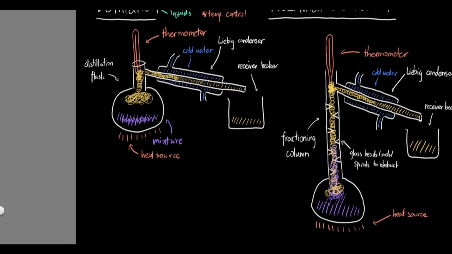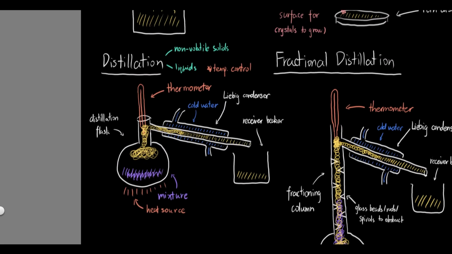All right, so you would heat it. If it is a volatile solid, if you heat it, because it's volatile, it would probably evaporate, and then you wouldn't be able to separate the mixture of the solids and liquids. So the way this works is that you have two different substances mixed together, and when it reaches the boiling point of this liquid, it would turn to gas, and then it would pass through what we call a Liebig condenser.